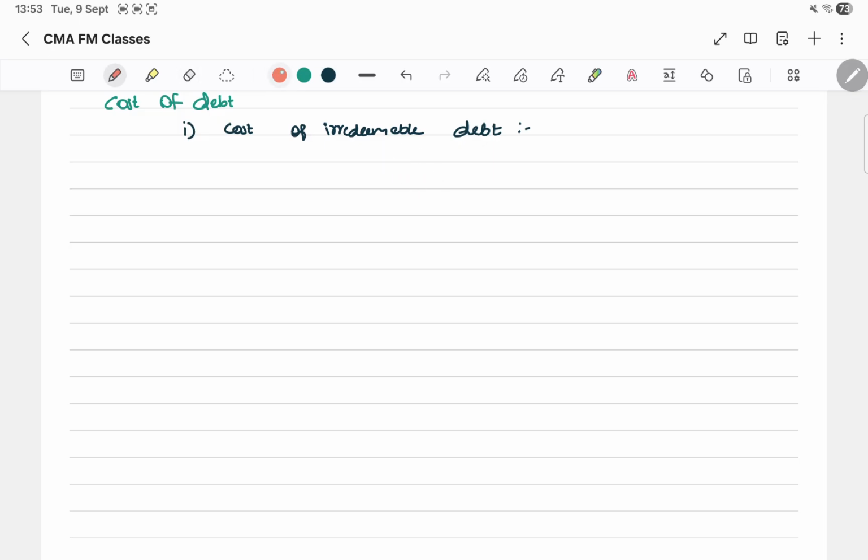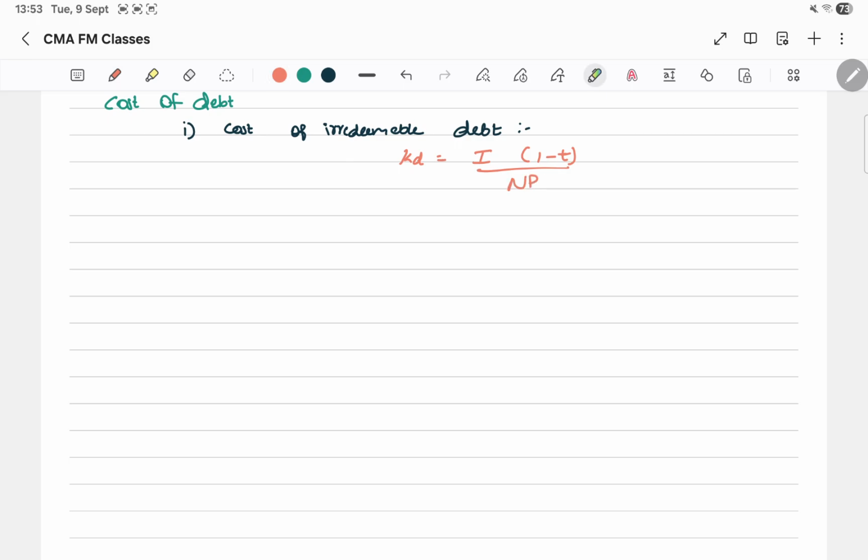Cost of debt is denoted as KD. KD is equal to interest, interest is marked as I, into 1 minus tax. If you do this 1 minus tax, you will be getting interest exclusive of taxes, divided by NP.